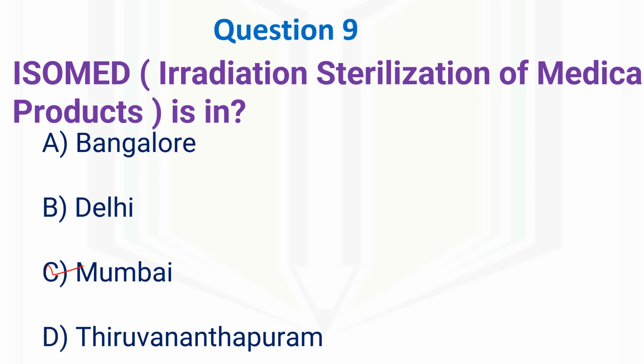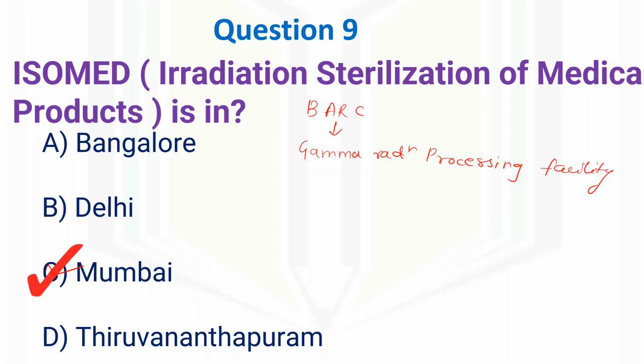So it is located in the Chembur district of Mumbai, Maharashtra, and it is a facility under BARC, that is Bhabha Atomic Research Center, and it is a gamma radiation processing facility for healthcare products.